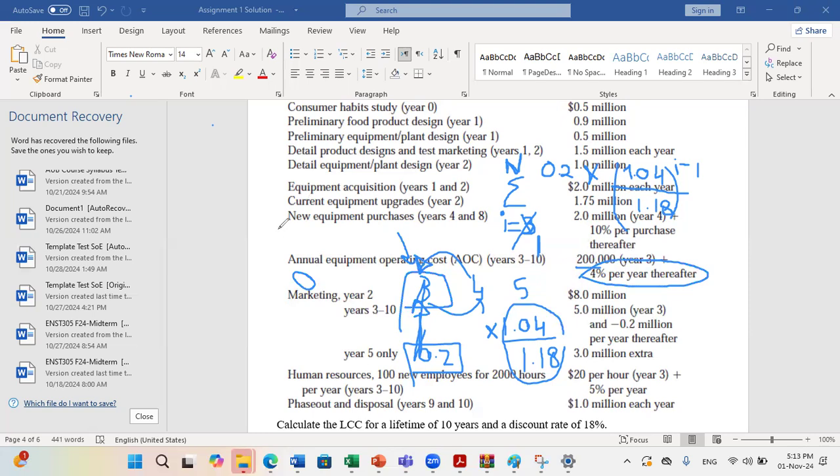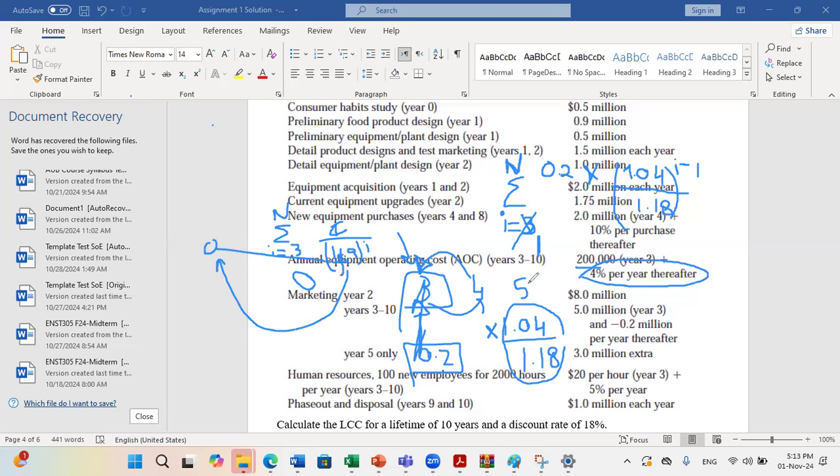We are used to writing summation from 3 to n, and directly putting the cost over 1 plus A to the power i, because we are getting back to year 0, and this discount rate is accounted from year 0.